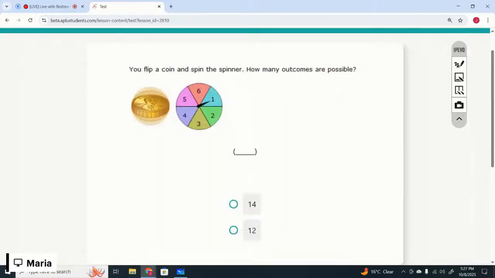Option number 2 is the correct option. You flip a coin and spin the spinner. How many outcomes are possible?